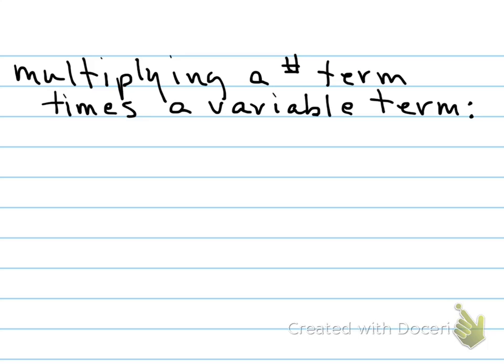Because we've already discussed multiplying number terms times number terms. We did that all over the place when we did the multiplication and division with signs, right? All we had were numbers. We didn't multiply any letters in there. All we did was multiply number terms times other number terms. Well, today what we want to do is build on that knowledge and start multiplying number terms times variable terms.